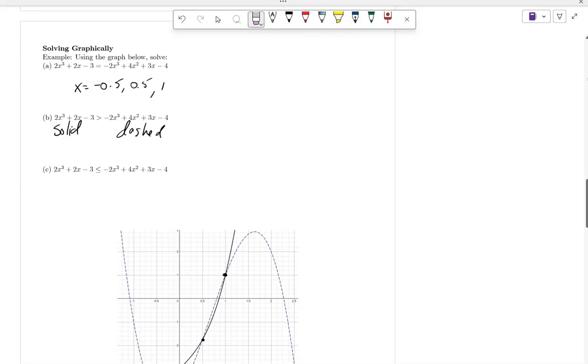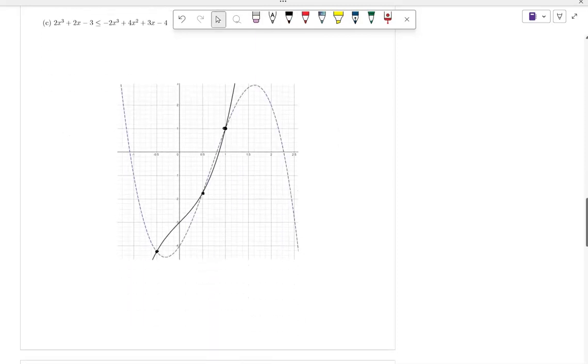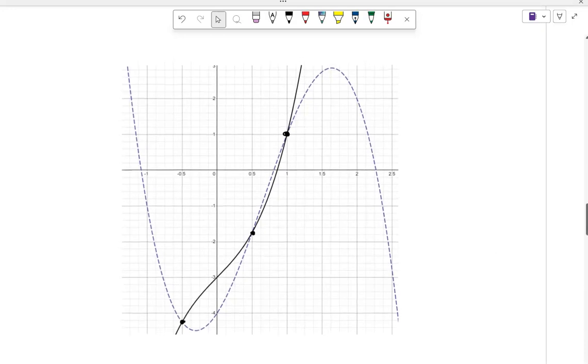Okay. All right, so now look at your graph. I want the solid graph to be above the dashed graph. Where am I looking? The y's are going to tell me which one's above, right?